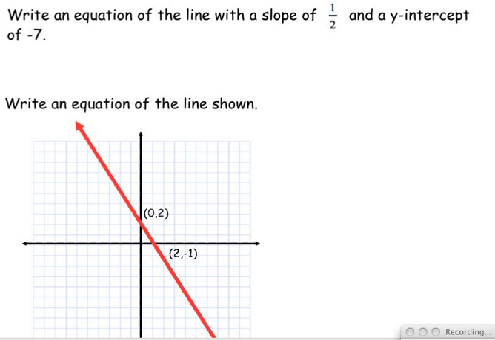Write an equation of the line with a slope of 1/2 and a y-intercept of -7. If we're doing this, we should just automatically use slope-intercept form. So y equals mx plus b. What's the slope going to be? 1/2 x.